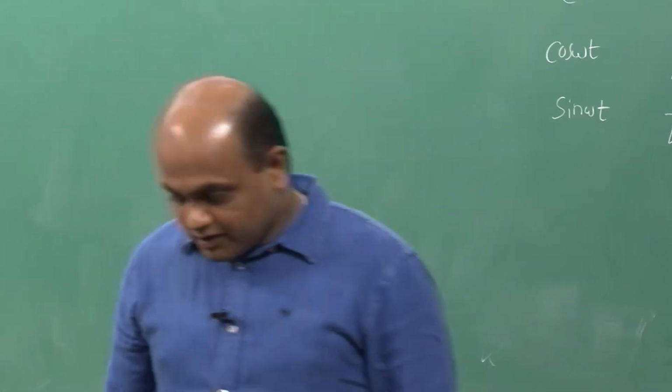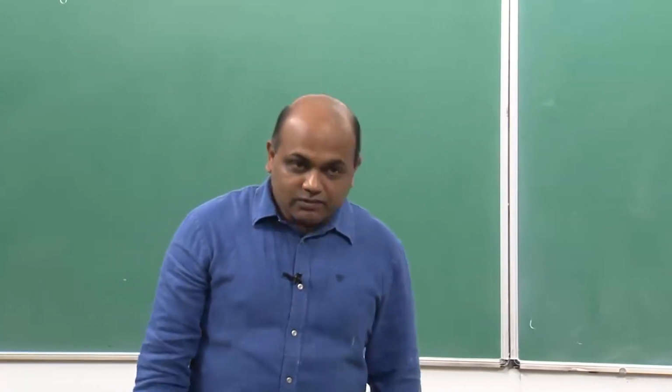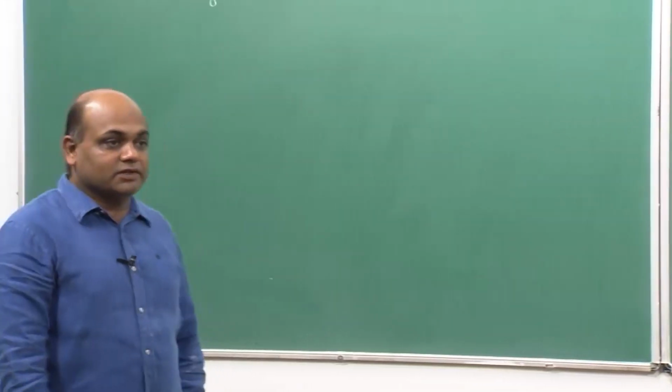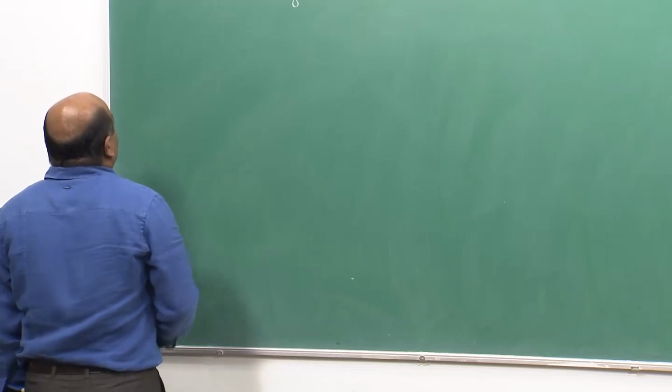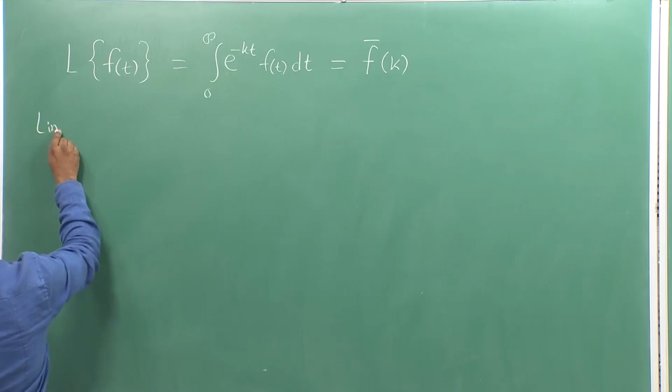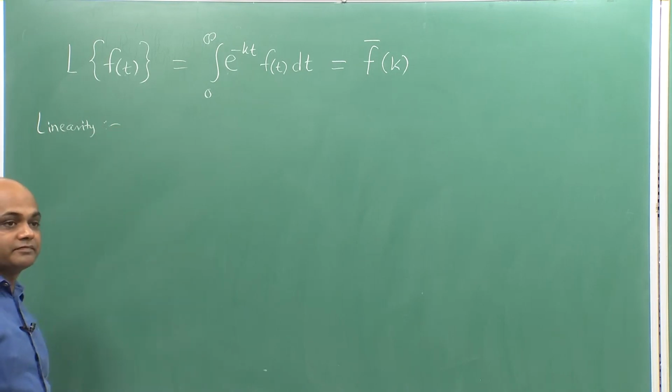Now, if we have to deal with complicated functions, then we need to look into more properties of Laplace transforms, right. So, a couple of them are, one is the linearity property, right.